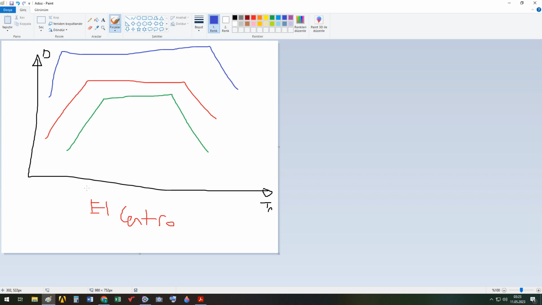Now, think that this is the higher one, or let me draw something like this, the third response spectrum.